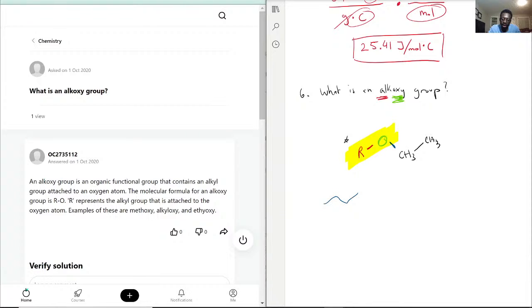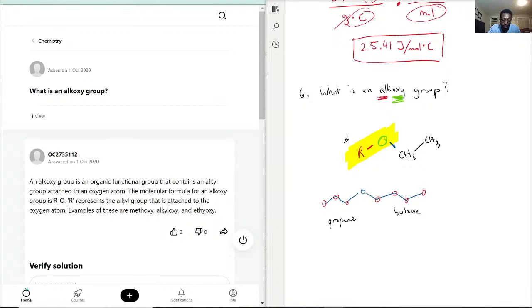So if I do an element like this, okay, we have to make sure we count 3, and then we have 1, 2, 3, 4. So this one, 3 and 4, we want to make sure that we still have our group. The longer one will be known as butane, and the shorter one is known as propane.